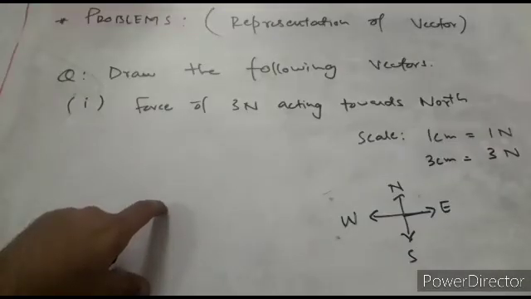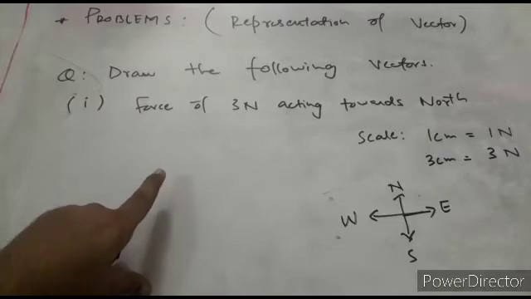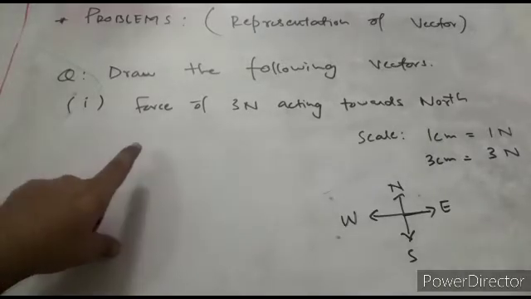Okay students, let's start with the problems, and the topic is representation of vector. The first question of this topic is: draw the following vectors. The first is a force of 3 Newton acting towards north.